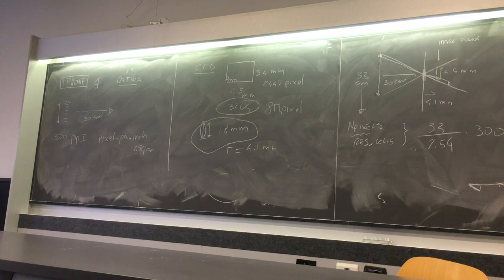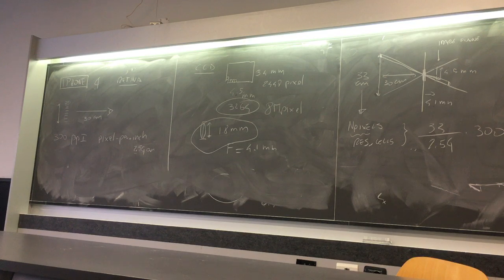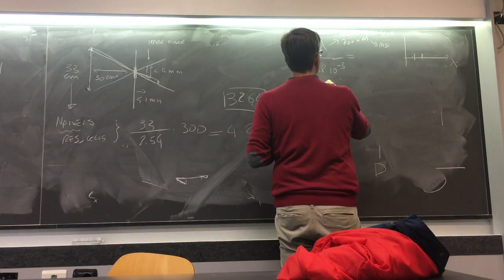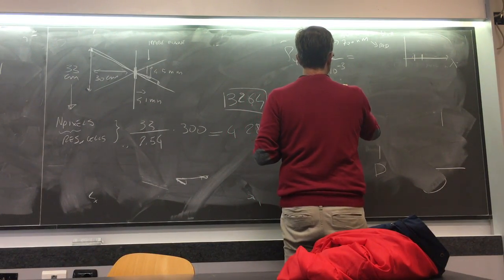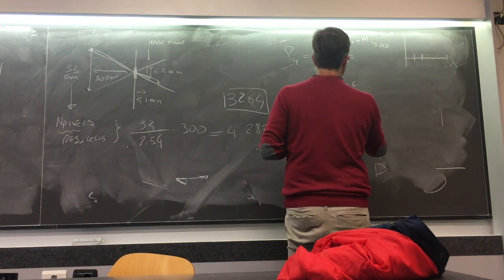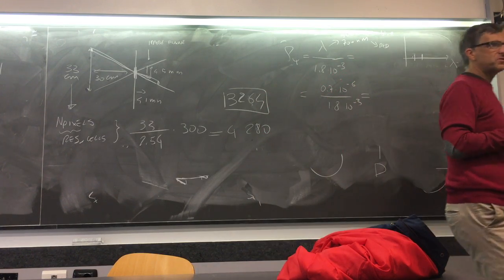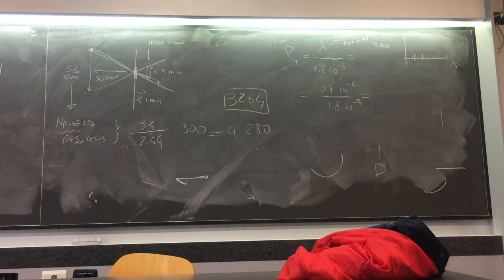So the resolution, of course, you must compute in the worst case, okay? So the resolution at blue will always be much better than the resolution in red. So if we compare it with 0.7 10 minus 6 divided by 1.8 10 minus 3, in milliradians you get something that is 10 minus 3, okay?